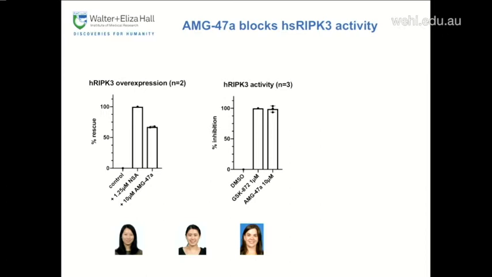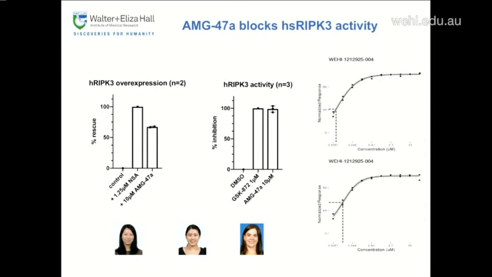We also see a complete block of RIP kinase activity, which is equivalent to the known RIP kinase inhibitor GSK872. And although this is quite a high dose, this was eventually titrated out, and it does block the kinase activity at a similar dose to GSK872, and probably even less.